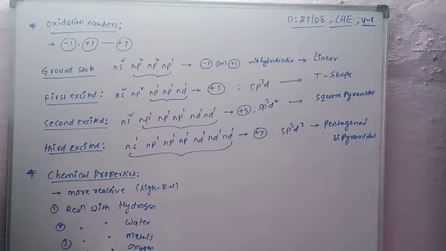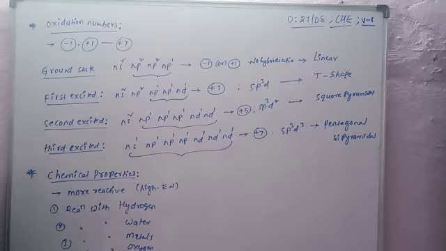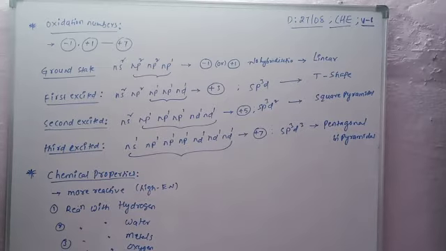These are the chemical properties of halogens, or seventh group elements.